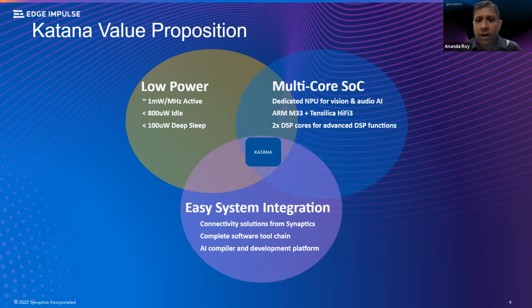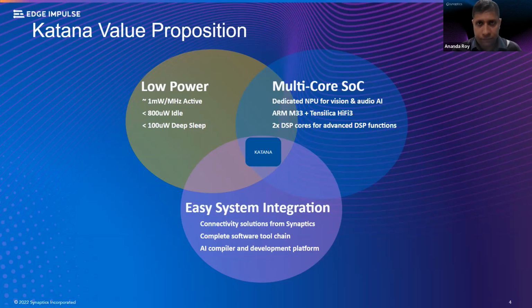In deep sleep mode, you consume less than 100 microwatts. Because Synaptics has a wide product portfolio, and Katana is an SoC, you can build a full system with a single chip solution, interfacing with other connectivity solutions. While a lot of our competition has either 1 or 2 of these, they don't have all 3 clubbed into one.